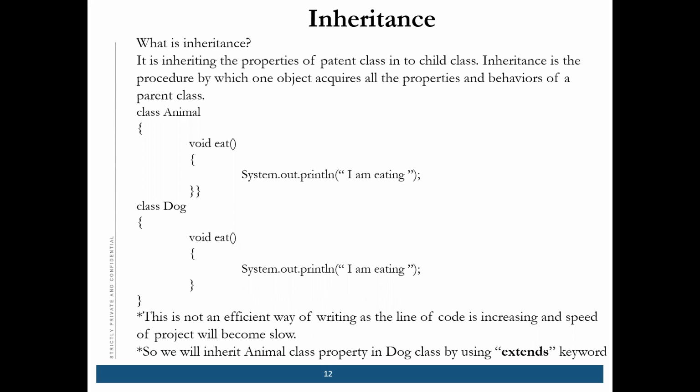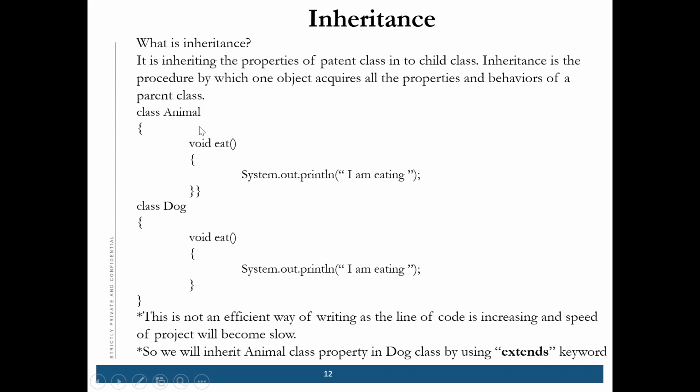Again, I'm telling you a real-time example. Suppose there is a class named Animal and a class named Dog. The methods available inside Animal include eat. And Dog wants to write the same method too. This is not the efficient way of writing, right? Here we write the same method, here also the same method, and here also.